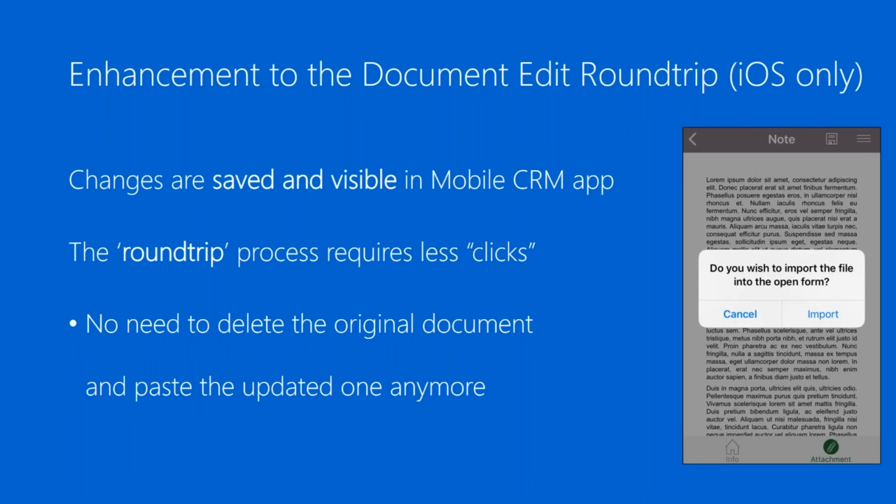So when he's done updating the document in the third-party app, he doesn't need to delete the original document and paste the updated document anymore. He just needs to import the updated file in the form. And I'm going to show you in the next demo how it looks.